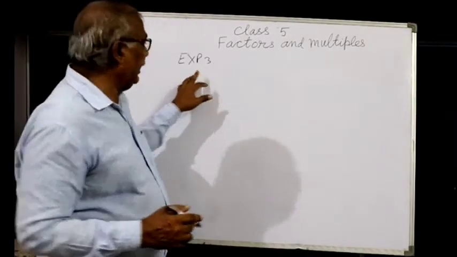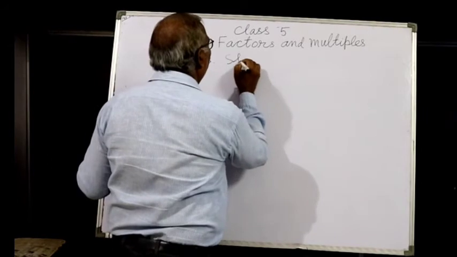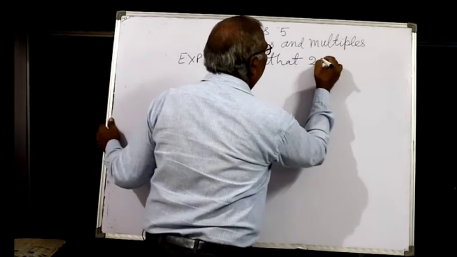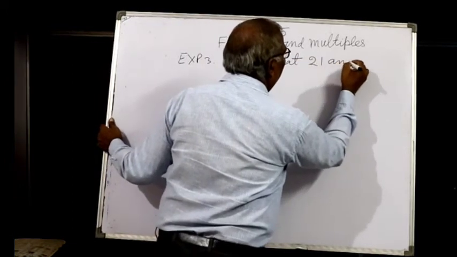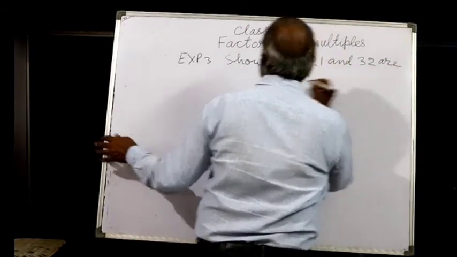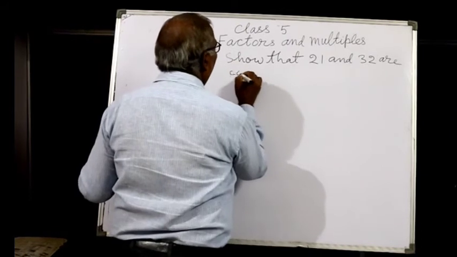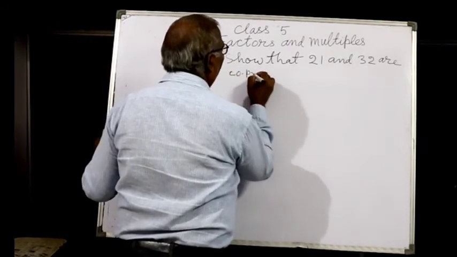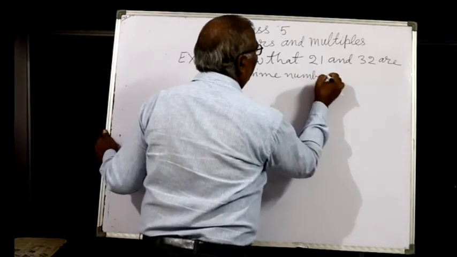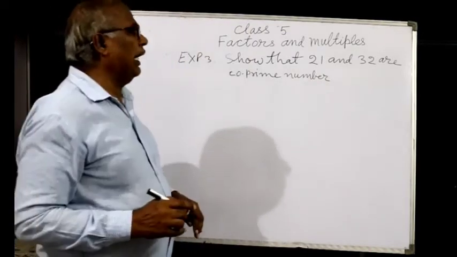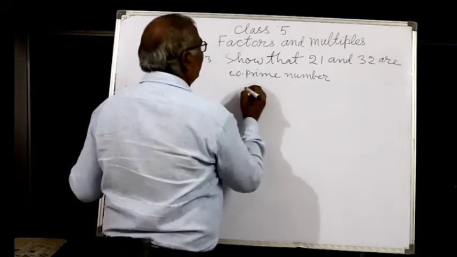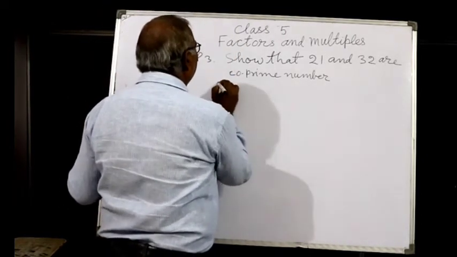Now example 3. Show that 21 and 32 are co-prime numbers. We will find the factors of 21.